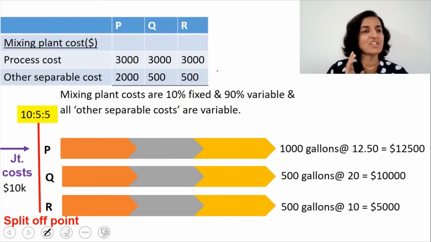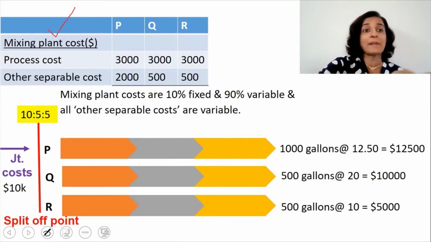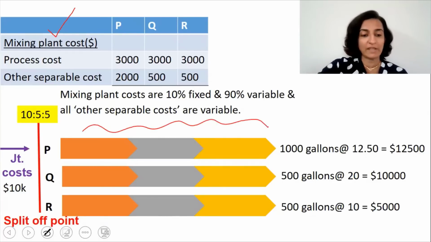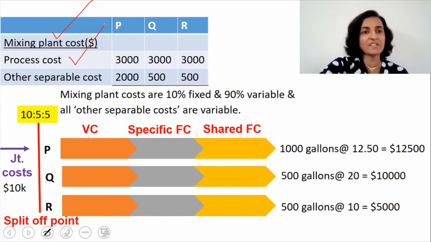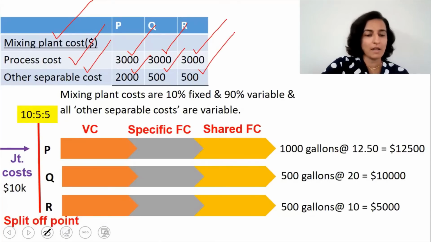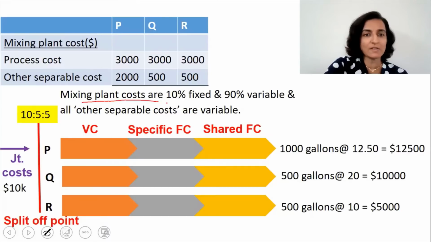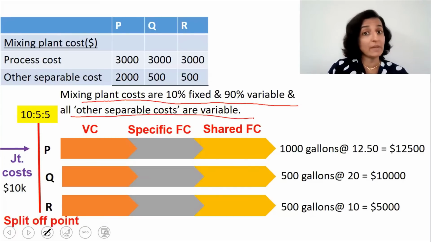Moving forward, what is mentioned in the income statement is mixing plant cost. What was mixing plant? Mixing plant is the further processing that is taking place. Mixing plant comprises of the process cost, $3,000 for P, $3,000 for Q, and $3,000 for R. And you have the other separable cost as $2,000 for P, $500 for Q, and $500 for R. Now they are further saying mixing plant costs are 10% fixed and 90% variable, and all the other separable costs are variable, which means that this is completely variable.